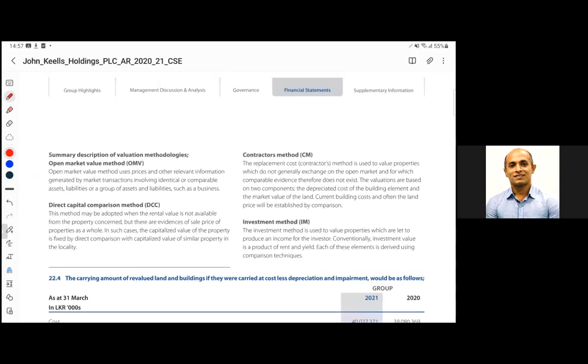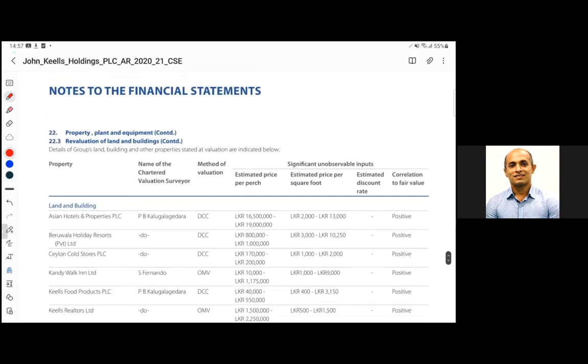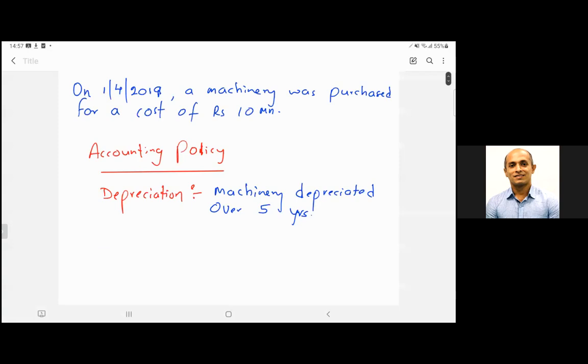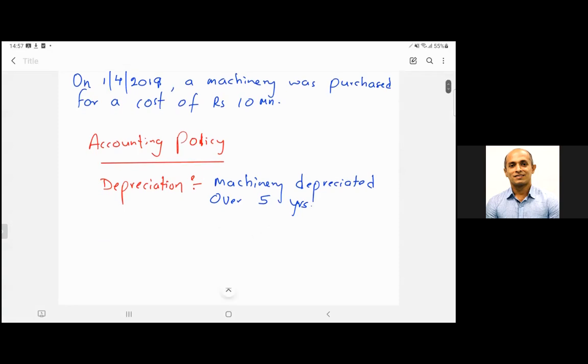Right. Now in our example, the company depreciates machinery over 5 years. So the depreciation policy says 5 years.